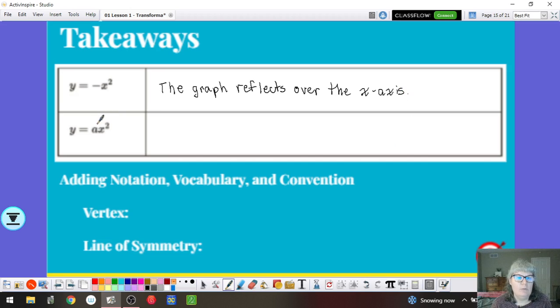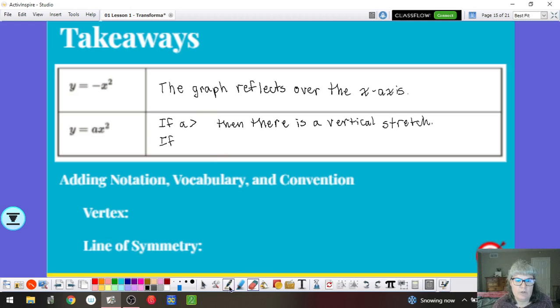And then we saw when we multiplied x squared, if the value of a is greater than 0, then there is a vertical stretch. If a is between 0, oh, excuse me, that shouldn't have said if a is greater than 0.